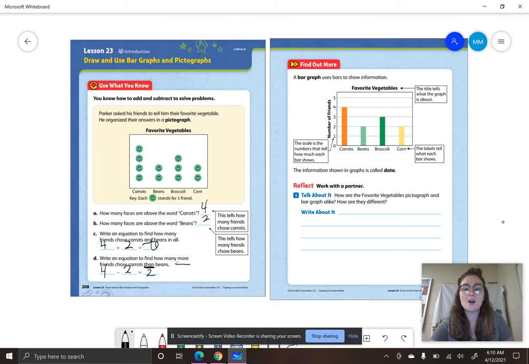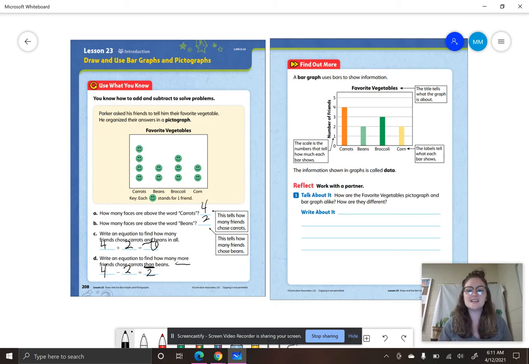So we draw a bar up to the number of friends that chose carrots. The information shown in graphs is called data. Think about when we talk about your iReady diagnostic data. It shows your data in a bar graph. So you are looking at your data on a bar graph.